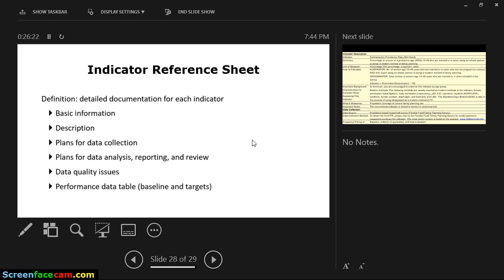For example, is it pupil teacher ratio or the other way around? How do you call it? Is it teacher pupil ratio or pupil teacher ratio? Sorry, teacher pupil ratio, right?